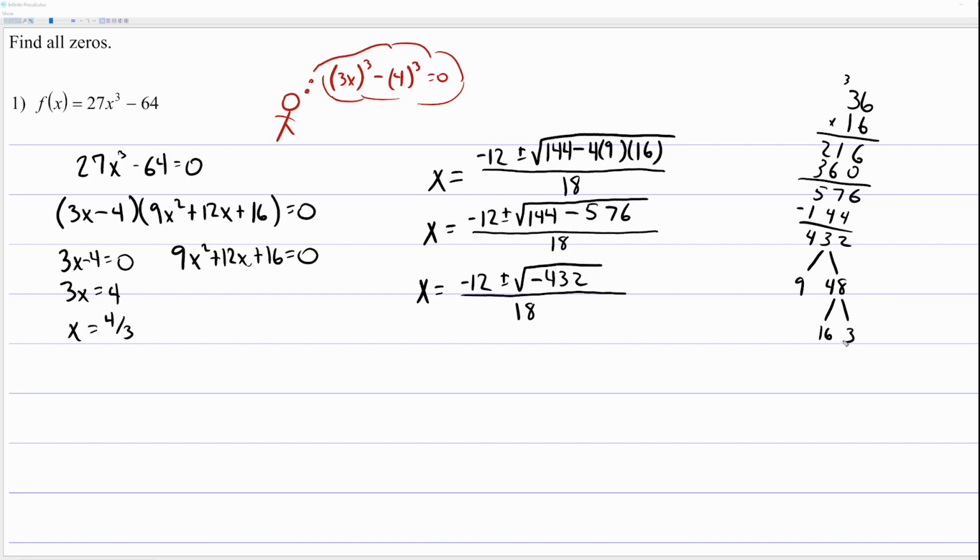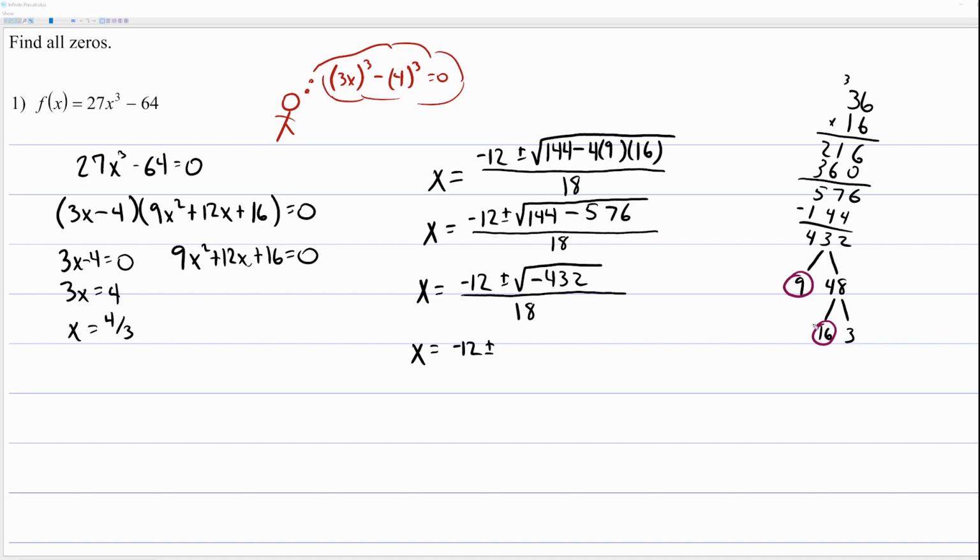And 48 is 16 times 3. So if you want to simplify this radical somewhat quickly, we have the square root of 9 is 3, and the square root of 16 is 4. So if you can find those perfect squares, that number is actually not that bad to deal with. So we have negative 12 plus or minus, we took the square root of 9 and the square root of 16.